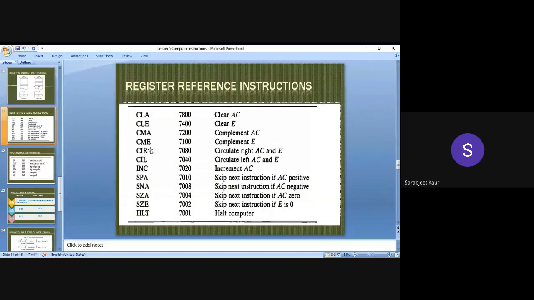The first register reference instruction is CLA. CLA stands for clear AC. We simply write CLA and we don't need to write anything else. Automatically what it implies is, whatever are the contents of AC, just clear all that, and that means reset AC to zeros.